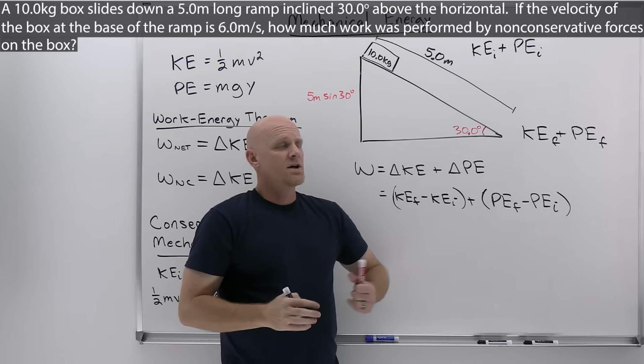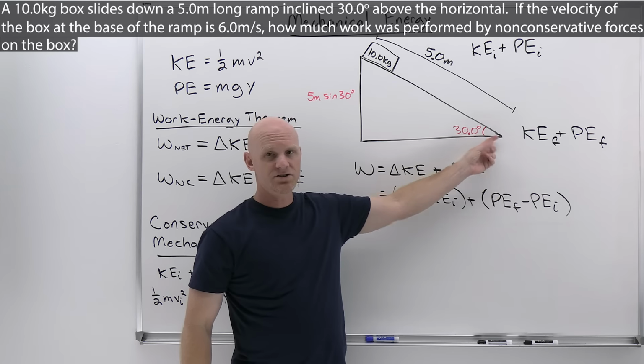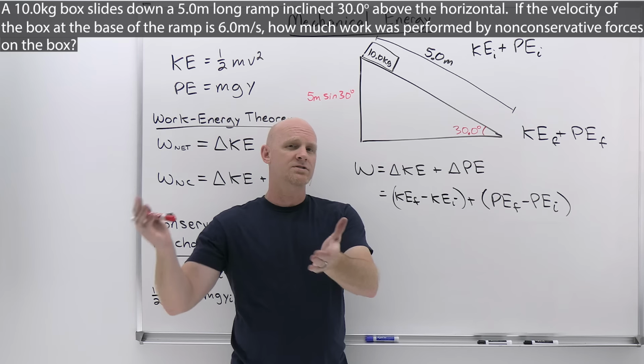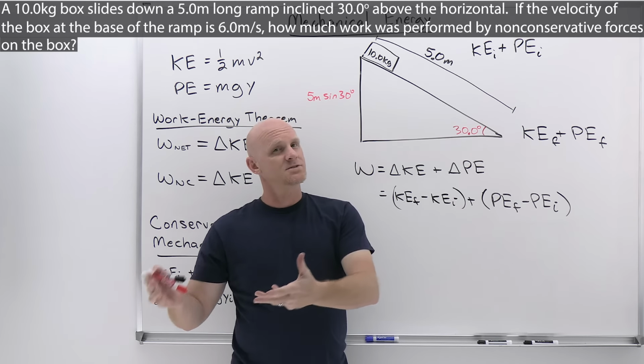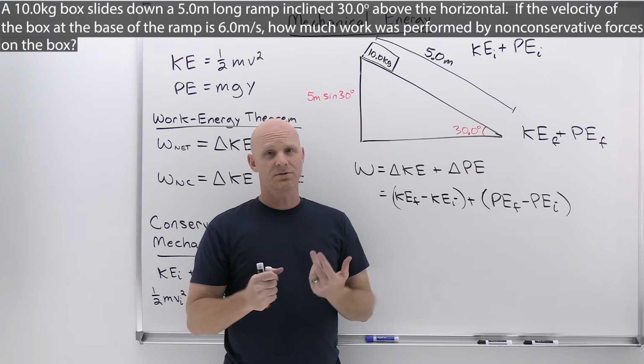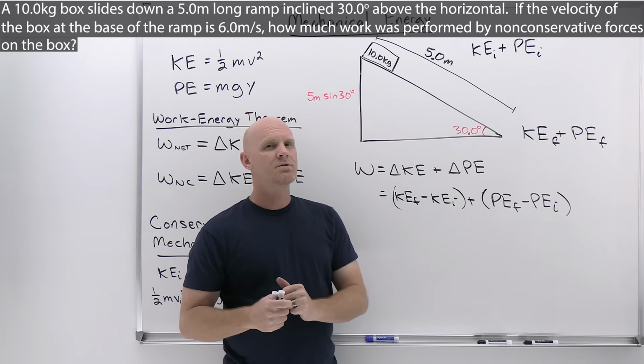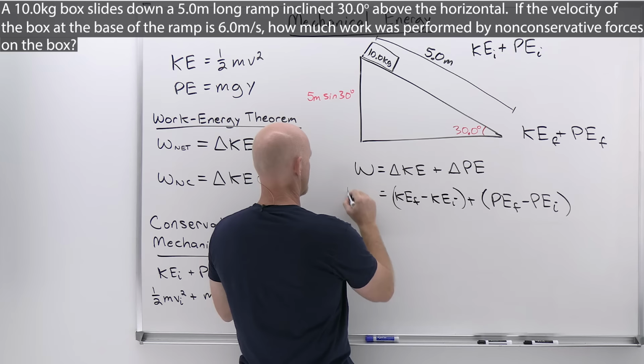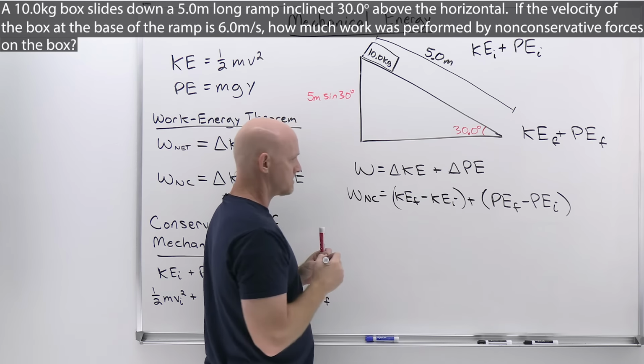Now again, because we already have the final kinetic energies with and without this friction, 7 meters per second would allow us to calculate kinetic energy in one case, 6 meters per second in the other case, we could just take the difference and be good. But had we not already performed that problem, this is where we'd be going with this, the work done by the non-conservative force of friction.